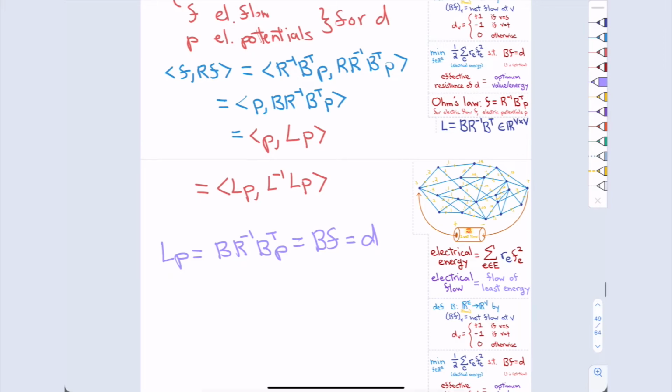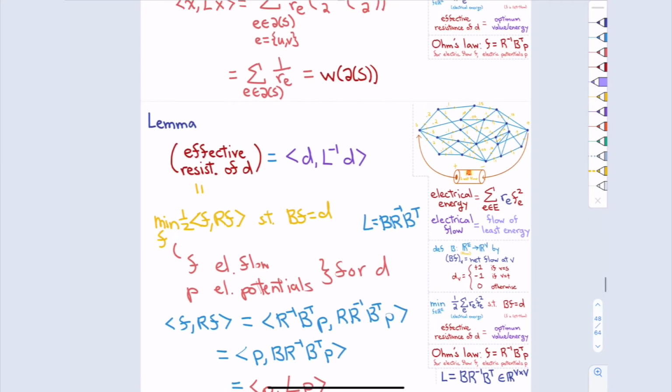Okay, and we can plug this in, and we get this closed form thing. Okay, so this is also some very nice identity.